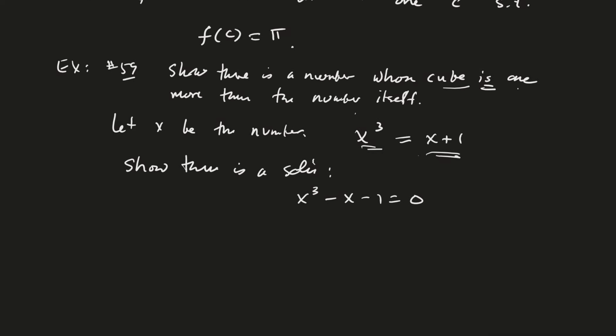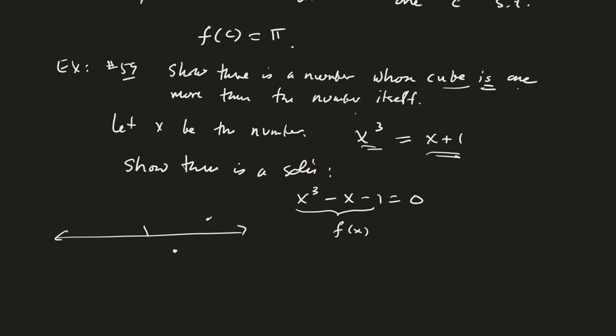Okay, and so this is going to be your function f of x now. And how do we do that? Well, if we're on the x-axis here, we just start plugging in some numbers to see if we can get f of x below and then f of x above the x-axis. So let's just try a few nice ones.